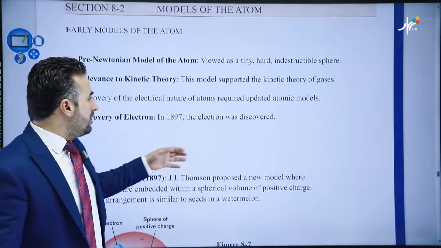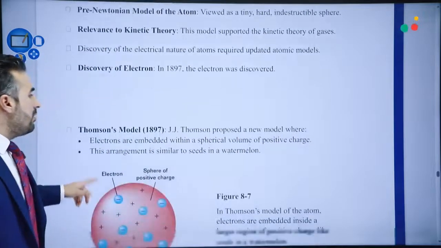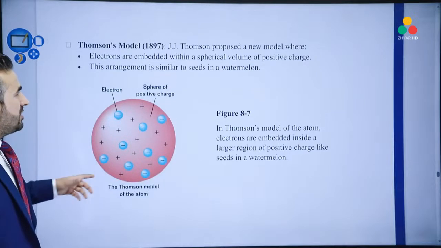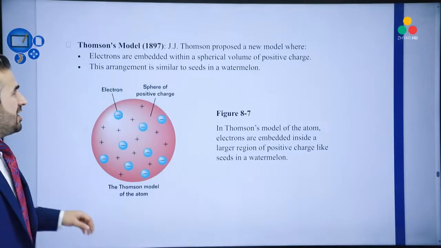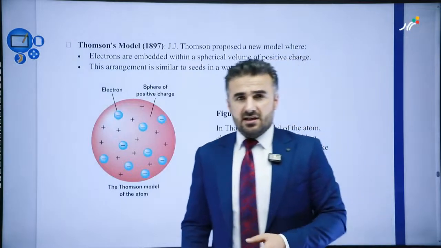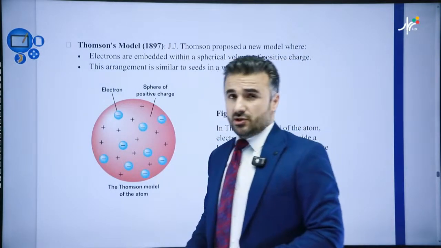Then, of course, the discovery of the electron. In 1897, the electron was discovered. Now, one of the models that we have is Thomson's model, or J.J. Thomson's. He considered atoms as a plum pudding, or watermelon seeds. But let's go through the detail.